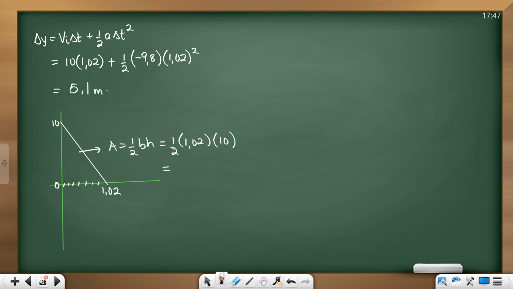Give me your answer here. This will give you exactly 5,1. Can you see I have the same answer? Equations of motion and the graph. But then I know my h, therefore, will be 5,1 plus what? 3.